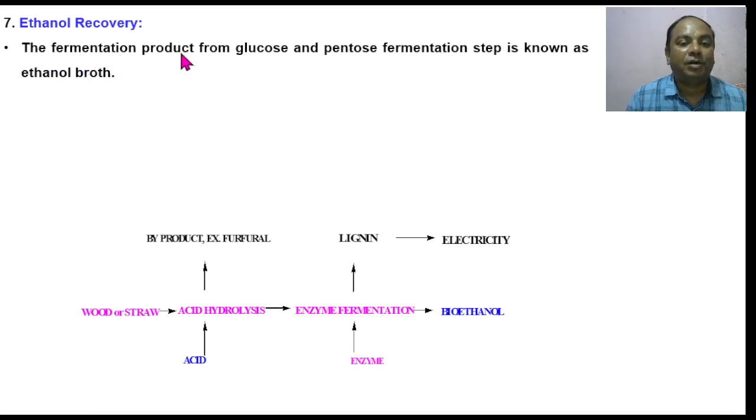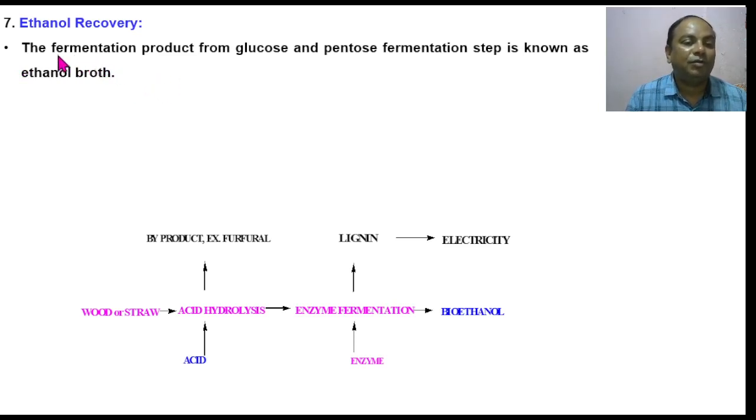The fermentation product from glucose and pentose fermentation is what we call an ethanol broth, because this ethanol broth carries bacteria, specific enzymes, and a larger amount of water, while the ethanol quantity is less.